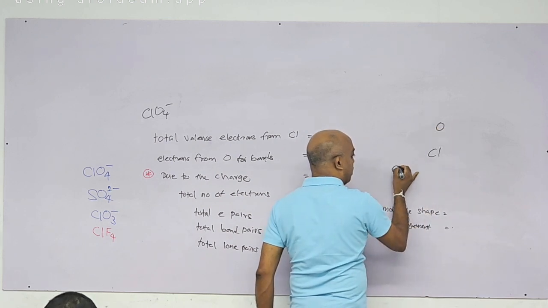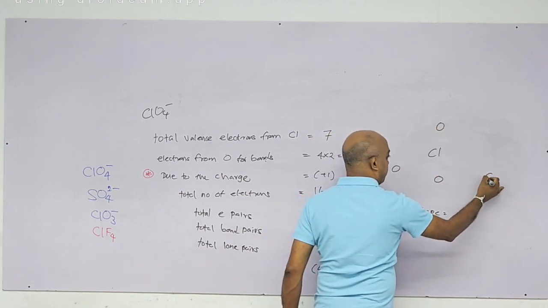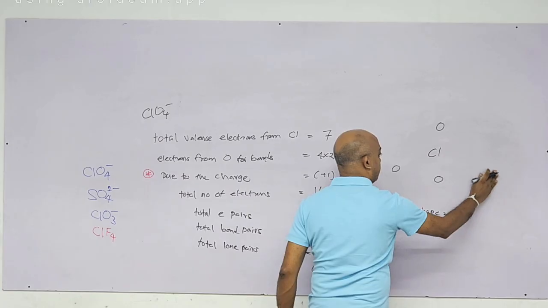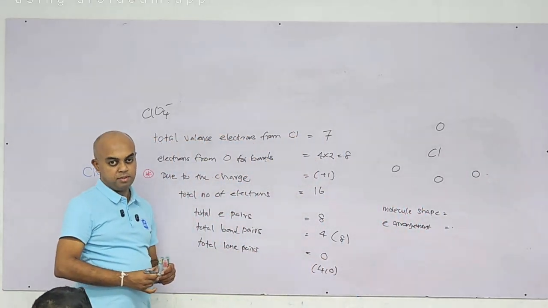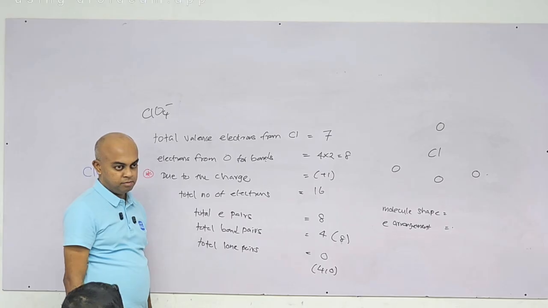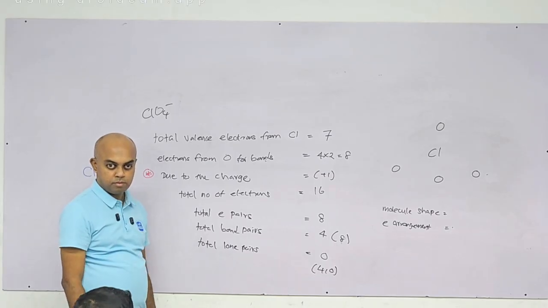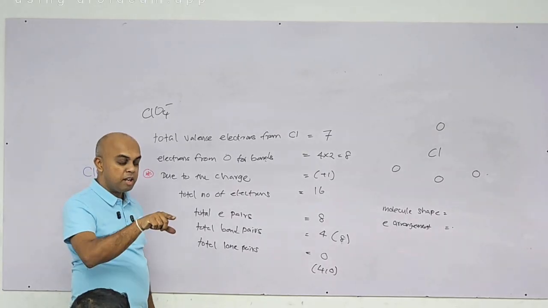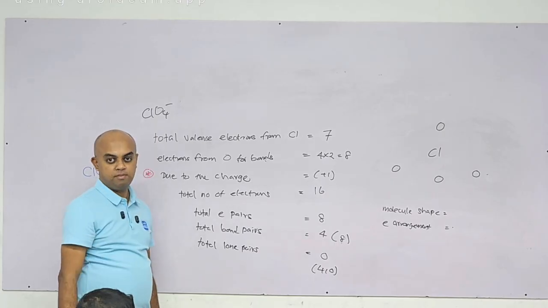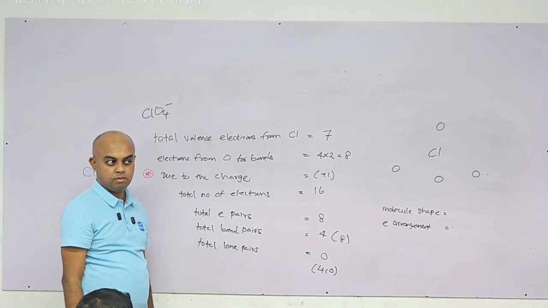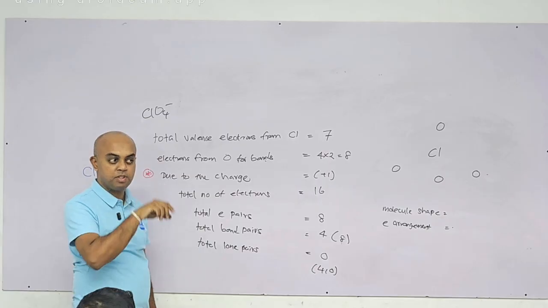We can place like this. But how the bond arrangement? That's the problem, right? Bond arrangement is coming from the Lewis structure.